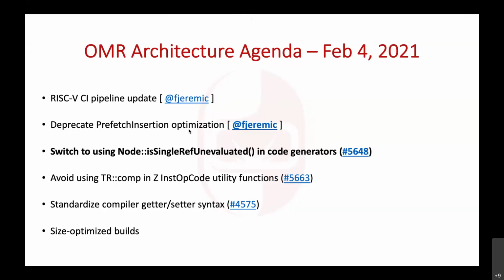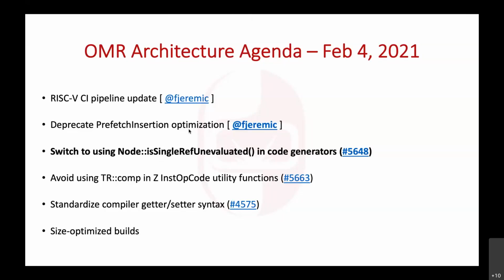So the first one here is issue 5648. I think Ben actually opened this one last fall, but there are two APIs that exist on the Node class in the compiler that are there apparently to provide more readability to the code.